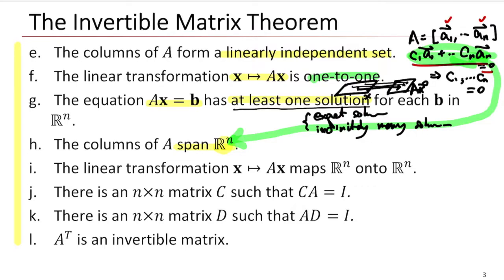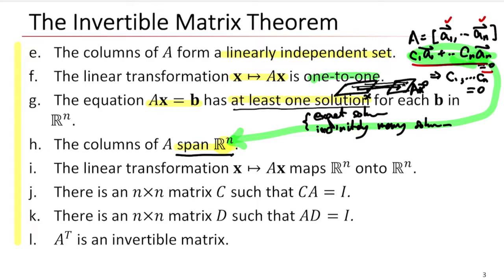So the span of the columns of the matrix A means every possible linear combination of the vectors a1 through an. So the span being Rn means this span is equal to the Rn space itself.